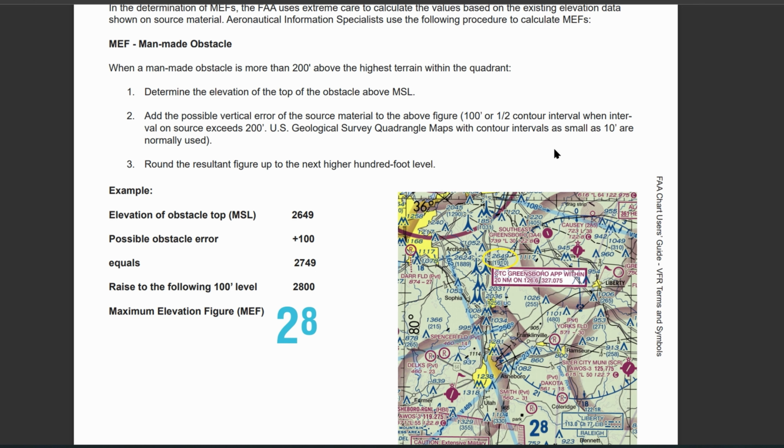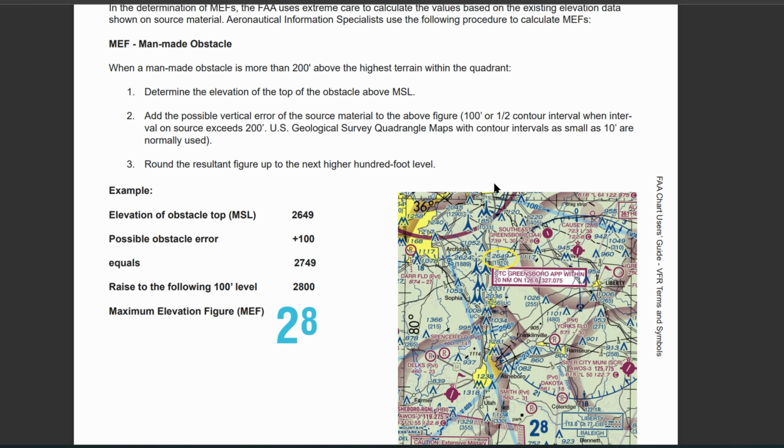So let's learn how to read an MEF. Again, maximum elevation figure. How do we do this? Well, there's two different types. There's an MEF for man-made objects, and there's a MEF for natural objects. The MEF for man-made obstacles is where we add 100 to the height. So look at this example right here. You add 100 to the height, and then you're going to round that to the nearest 100.